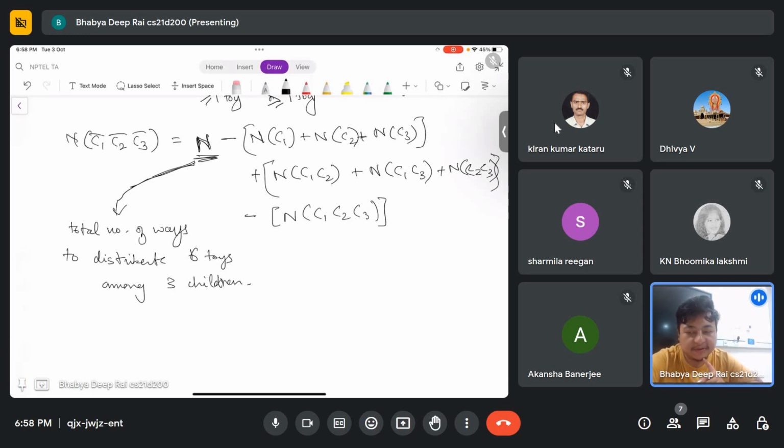Number of ways to distribute 6 toys among the children. So what is N? Can anyone tell me? Can anyone count how many ways you can distribute 6 toys to 3 children?